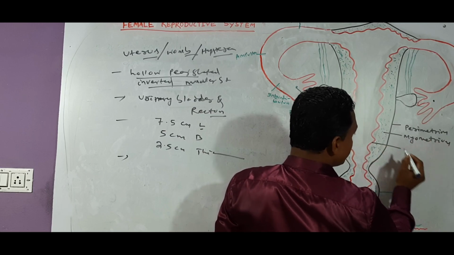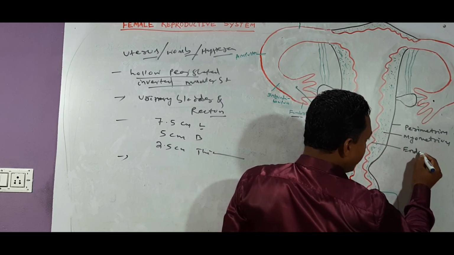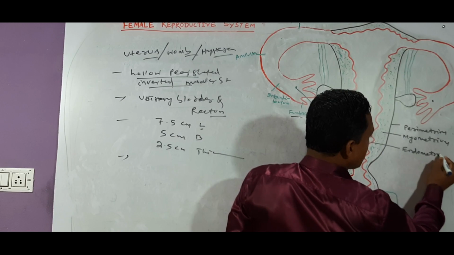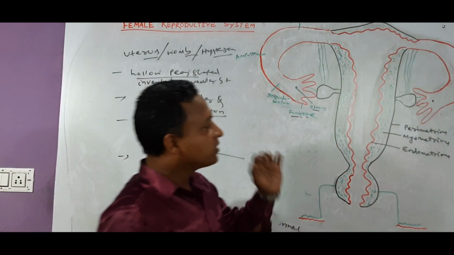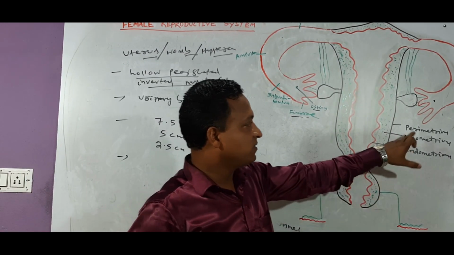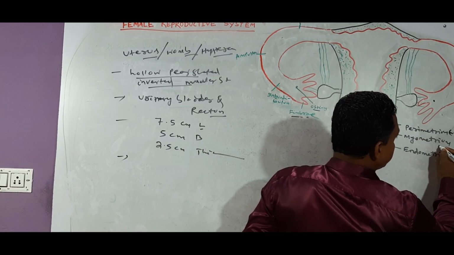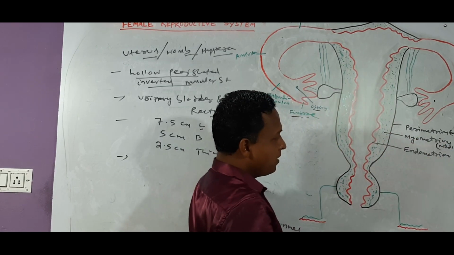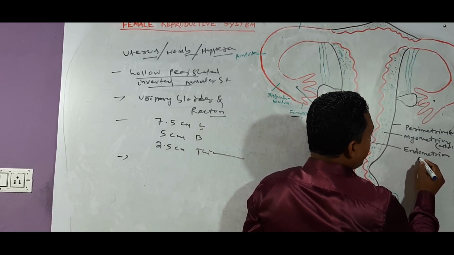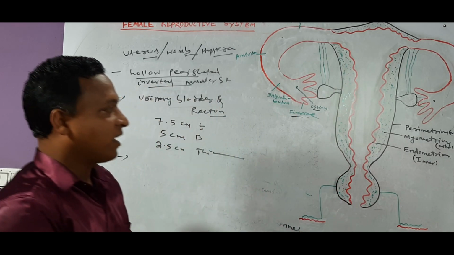And the innermost glandular layer we can call the endometrium. This is the outer, this is the middle layer, the myometrium, and the inner is called the endometrium. That is a glandular layer.